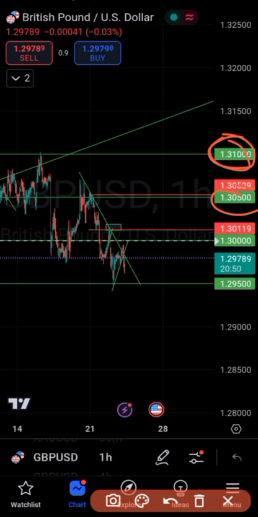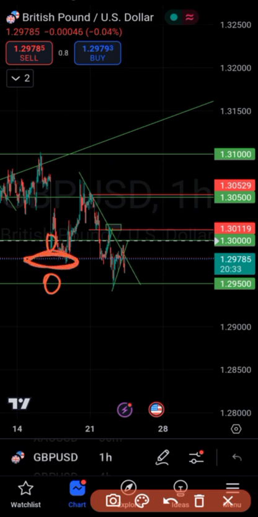The next one is 1.30500. The third one is 1.30000. Then the last one here is 1.29500. Now, the difference between this line and this line, the measurement of the space in between, is always 50 pips. The same thing here, 50 pips. The same thing here, 50 pips. So they are 50 pips distant from each other.